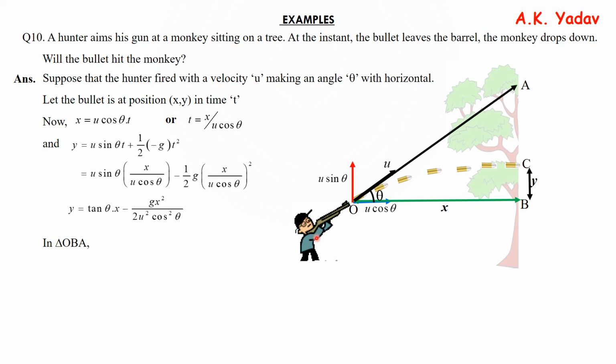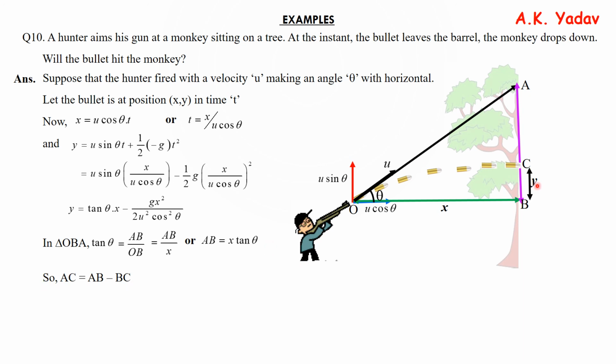Now, in triangle OBA, what about tan theta? It is equal to AB upon OB, or I can write AB upon x, or AB can be written as x tan theta.